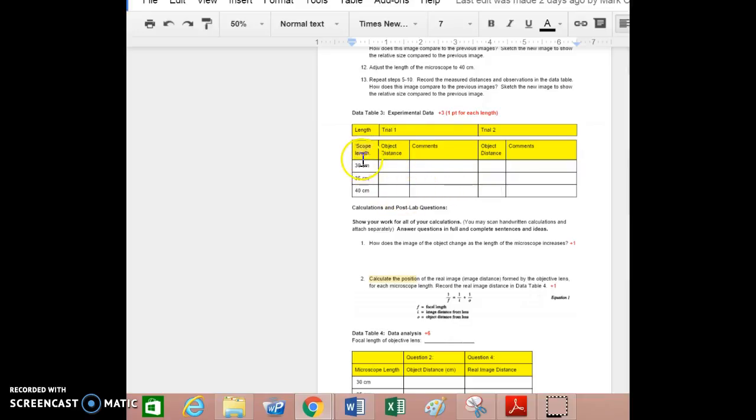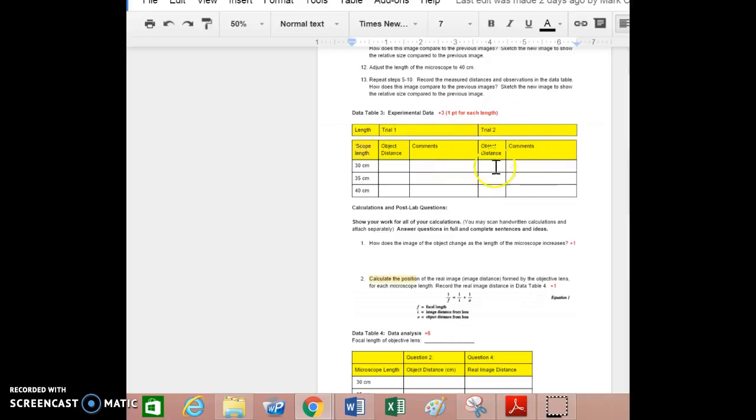For the microscope length, you were able to change the length since you had 2 tubes inserted inside each other, and these are suggested distances for the length of the microscope. In the next column, you would put your experimental data, which was how far away the object was from the end of the microscope. The next column is just comments: what it looked like, if it was blurry, right side up, upside down, etc.